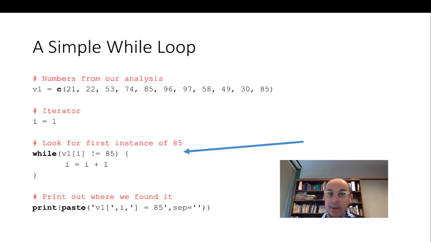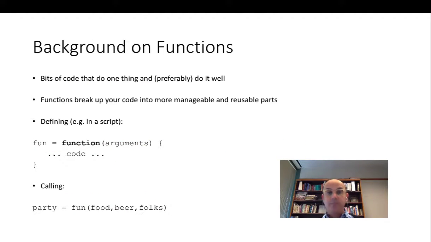So, a simple loop example: we have a container which I call v1, and I'm going to do the while loop into it, and print out what we have found, where I'm going to say print, and what I wanted to stop in order for me to understand the loop.